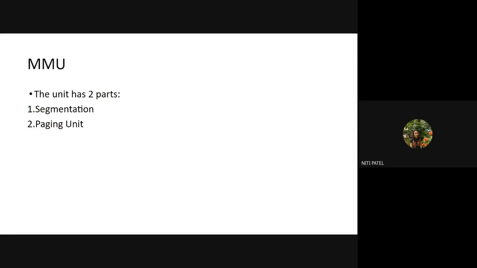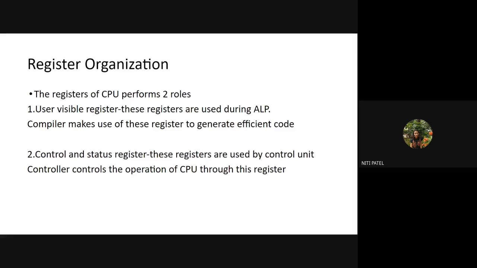So the page number is nothing but the address, and then I go to that particular page number and store the data or retrieve the data. Similarly, if it is segmentation, your memory is divided into different segments, and each and every segment has a segment number. So your segment number is nothing but the address. So I go to the segment number and store my data. And if I want to retrieve that data, I will again make use of the stored segment number. Okay. So this was your architecture of the 80386.